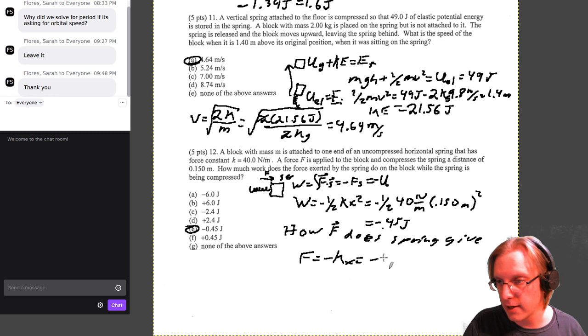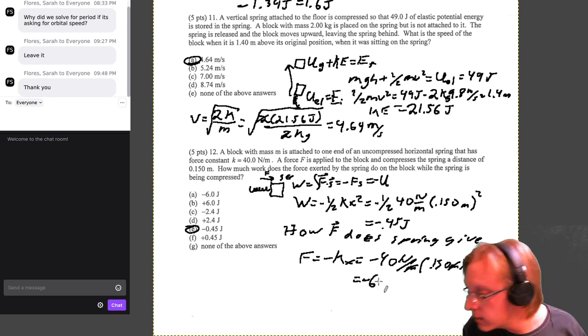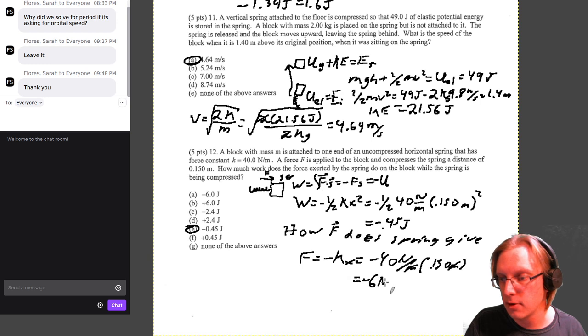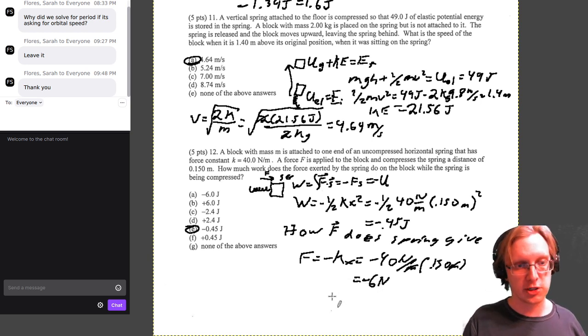The k is 40 newtons per meter, and then that's minus 0.150 meters. Meters cancel meters. That leaves us with a force of 6 newtons in the direction opposite of its compression, wherever that direction might be.